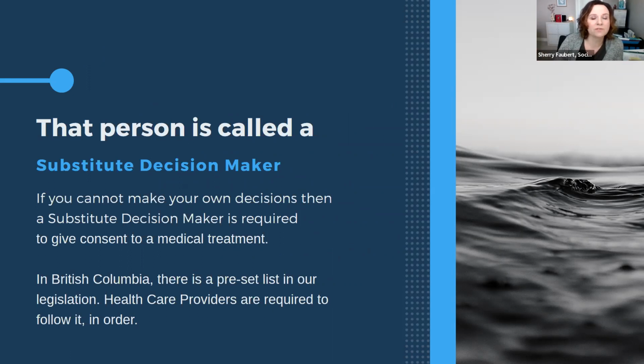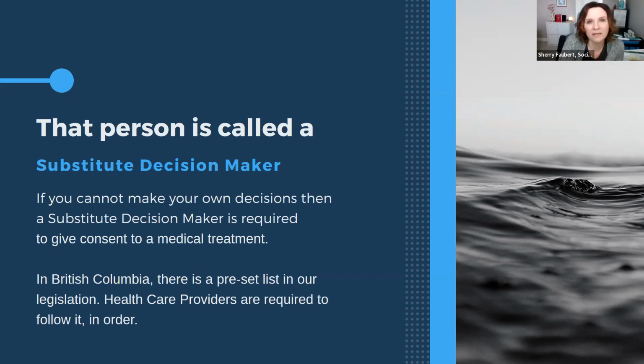But as important as knowing who that person might be is the consideration of who that person is and what some of their strengths are, because one of our colleagues always says, deciding on who might be a substitute decision maker isn't a love competition. It's not about who you love the best or who you think loves you the best. It's also considering those important qualities we talked about. That person is called a substitute decision maker, the person who would be making those decisions on our behalf.